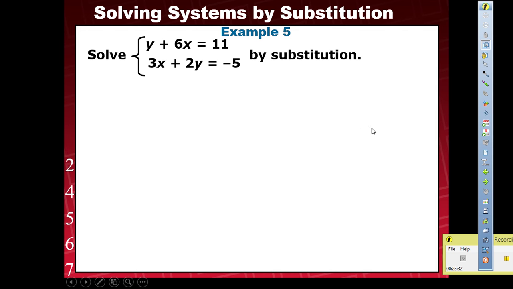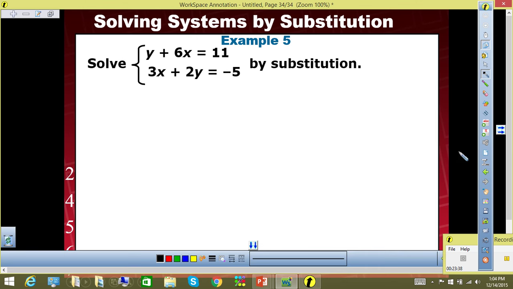All right. So, Carissa, what is step 1? Solve one of the equations. Which one do you want to solve? The top, okay. So y plus 6x equals negative 11.